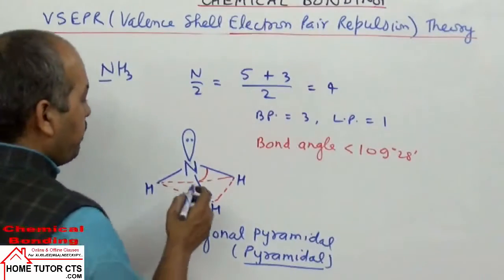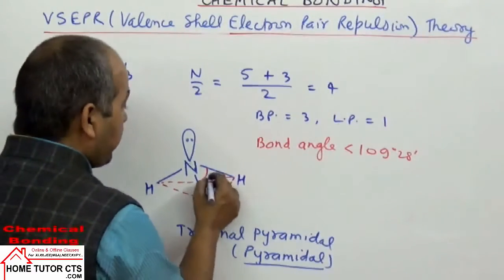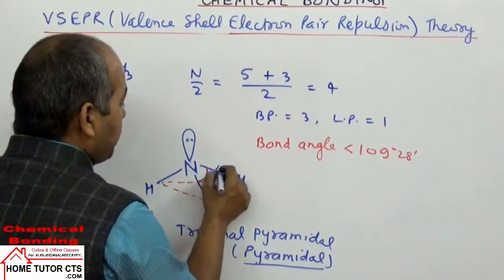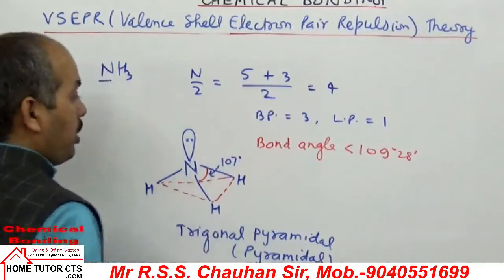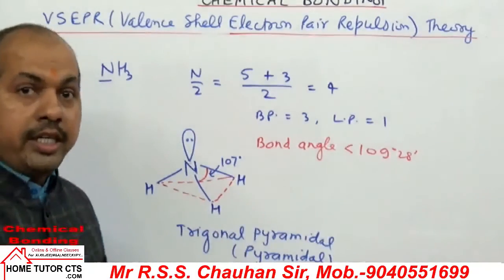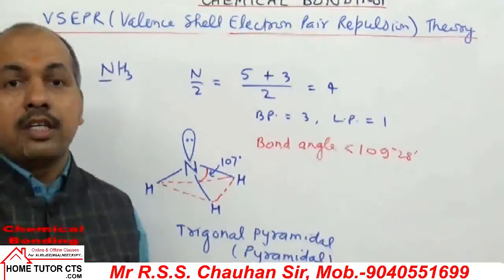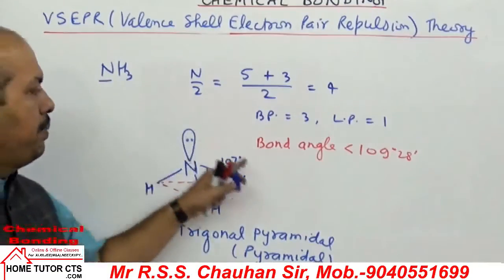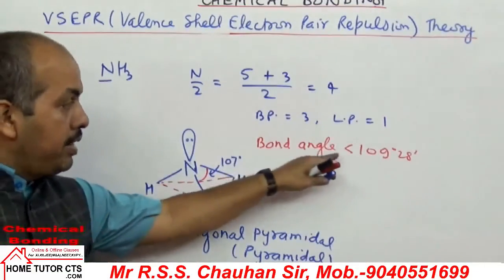In ammonia, for example, the bond angle is taken as 107 degree. If I take NF3, the bond angle is around 103 degree, or for other molecules the bond angles are different. So bond angles will be less than this value.